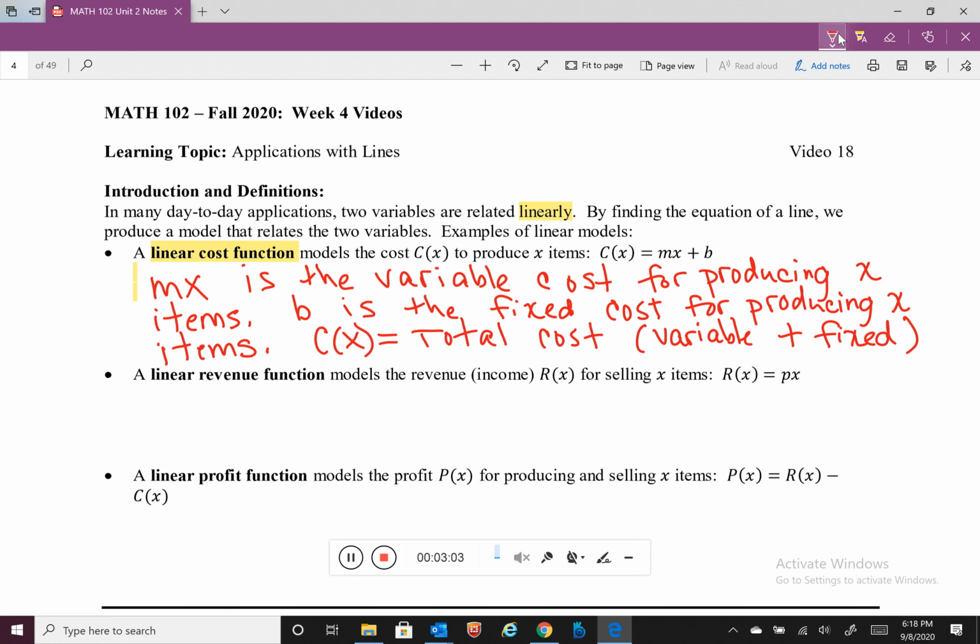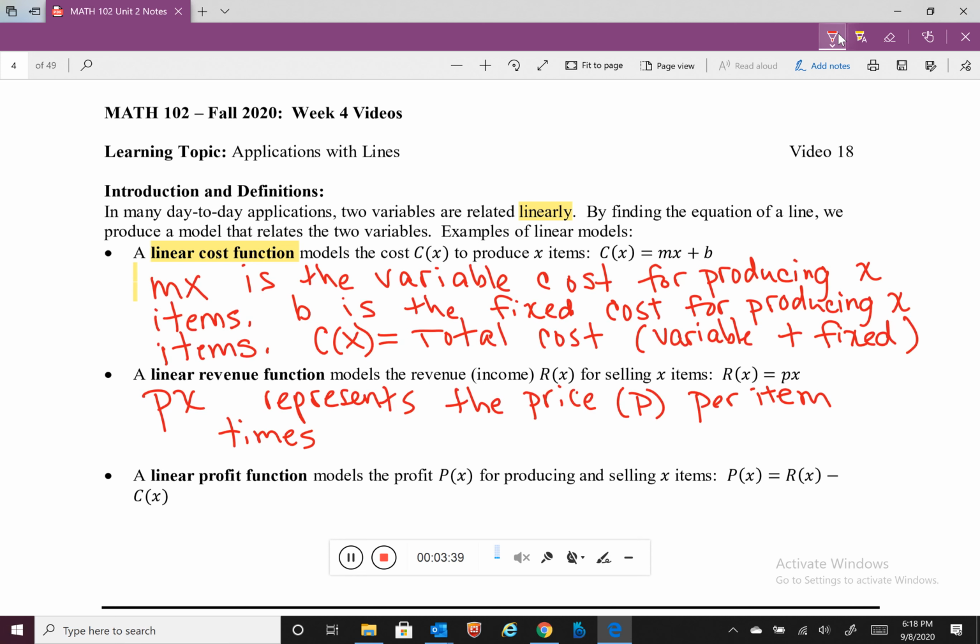So our revenue function, which is denoted by R of X for selling X items, can be found by determining P times X. And this represents the price, P, per item times the number of items sold. And the number of items sold is our X.